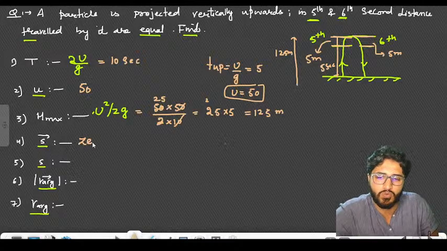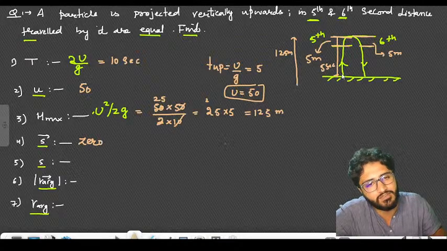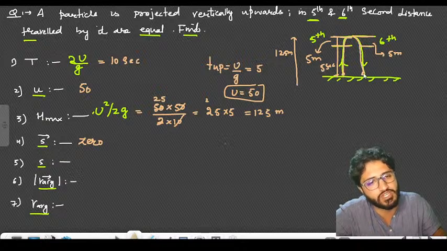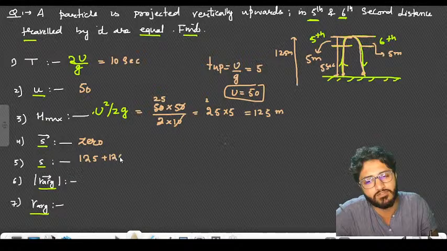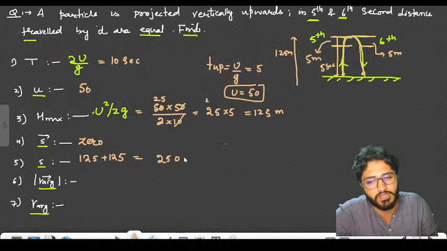Displacement will be 0. Why? Because the particle will go up and it will come down to the same position. That's why displacement is 0. Distance is 125 plus 125, which is 250 meters.